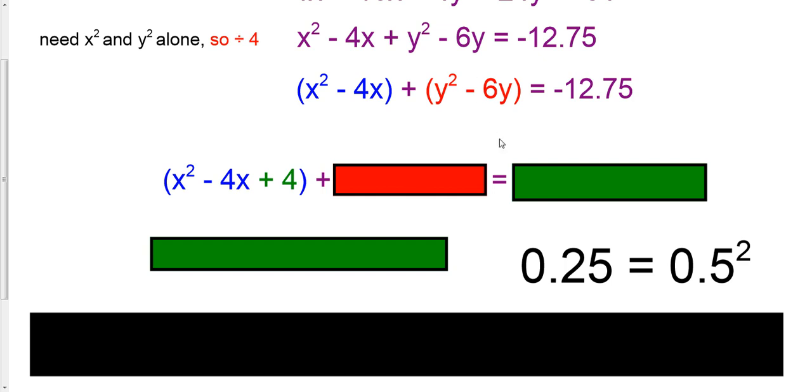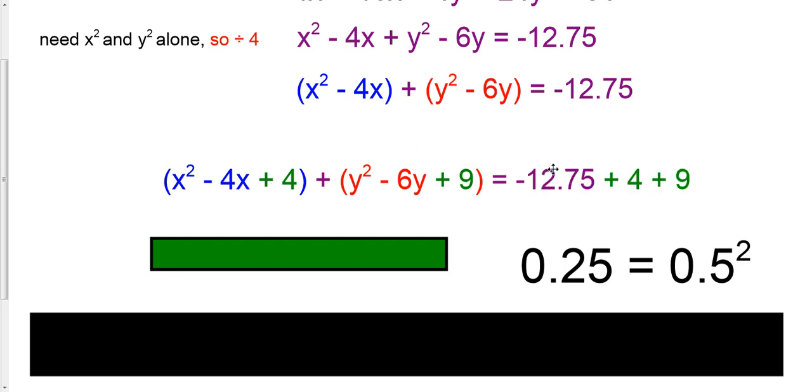Negative 3 times negative 3 is positive 9, so we're adding 9. If I add 4 and add 9, I have to do the same over here, add 4 and add 9. Now, negative 12.75 plus 4 and then plus 9, that all comes out to 0.25, or if you'd rather it be a fraction, that's the same as 1/4.